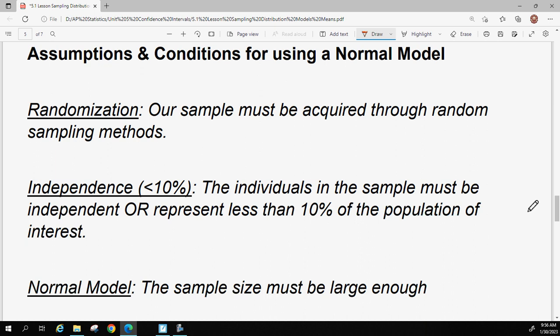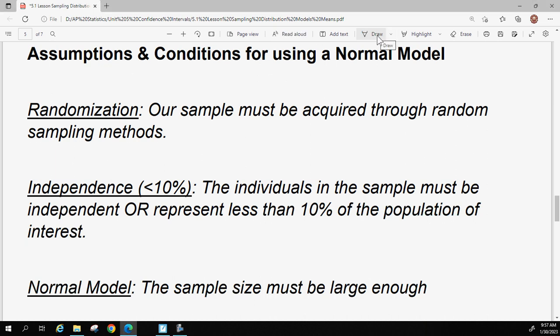We have some conditions that we need to satisfy in order to use this central limit theorem. The first condition is that our sample needs to have been acquired through random sampling methods. We always need to sample randomly and try to avoid the pitfalls of a biased sample. So we need to make sure that we're sampling properly and we have a random sample.